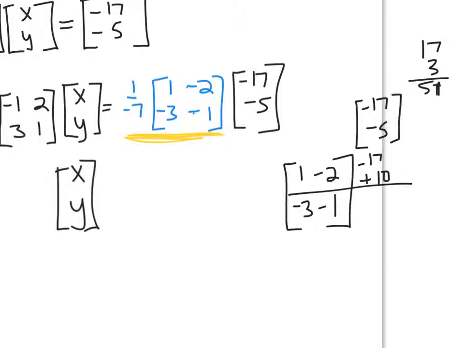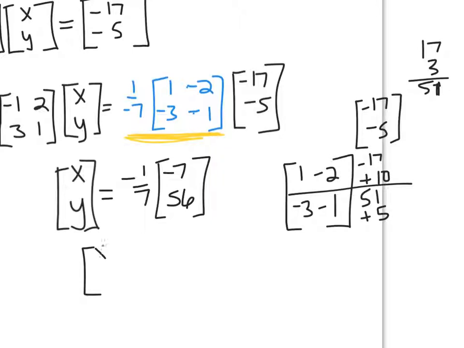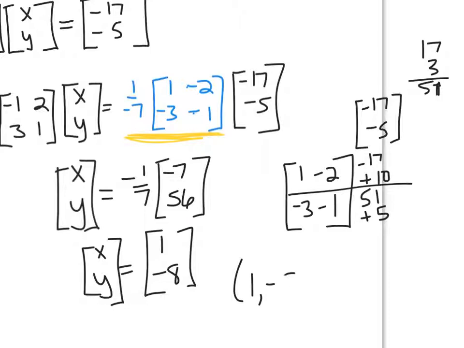Me either. Okay. 51 plus 5. So negative 1/7 times negative 7 and 56. So x, y equals 1 and negative 8. So my point would be 1, negative 8 for my solution.